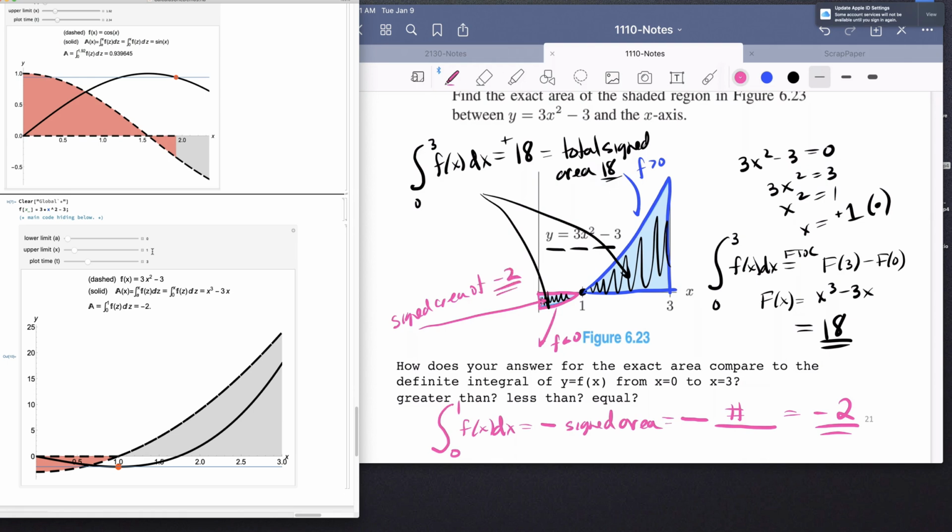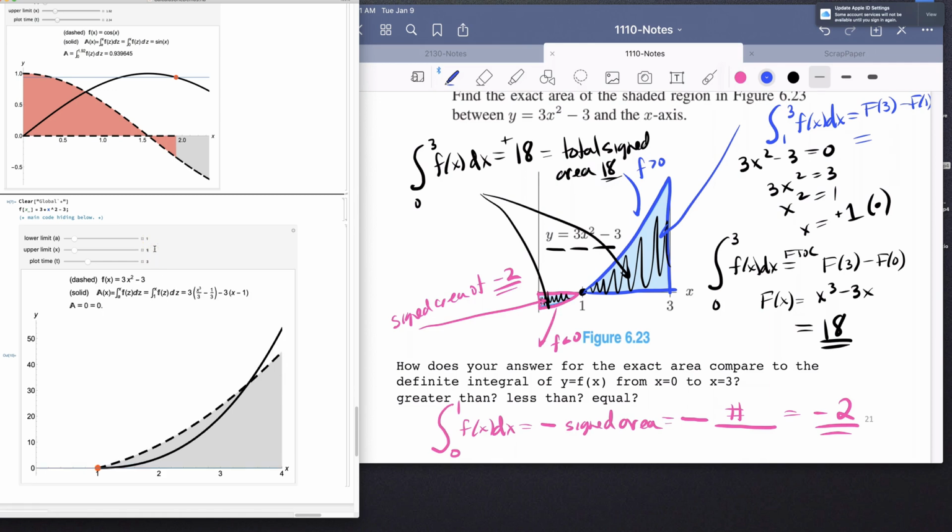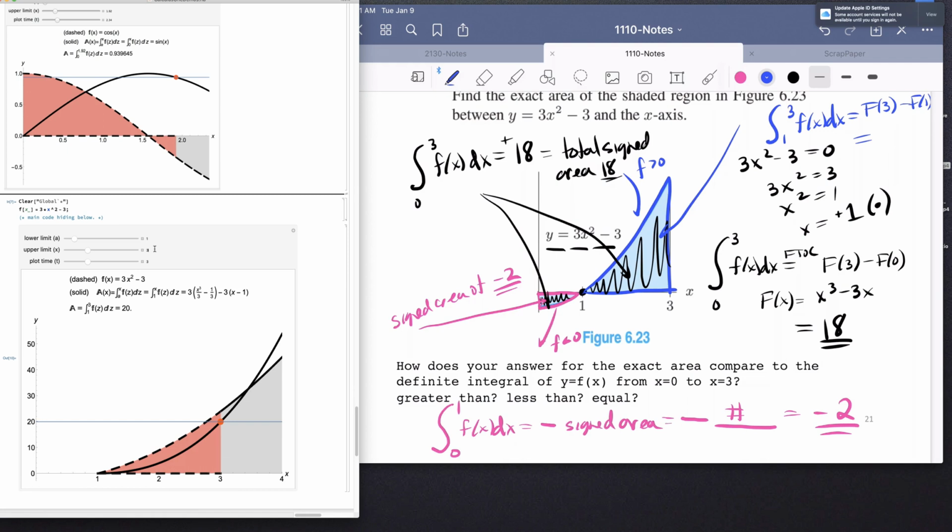But then there is the blue integral here, the definite integral from 1 to 3 of this function. Fundamental theorem of calculus again, f of 3 minus f of 1 will give you a value of 20.